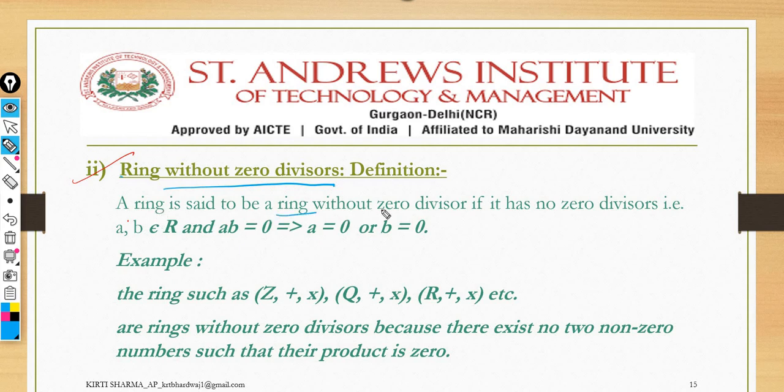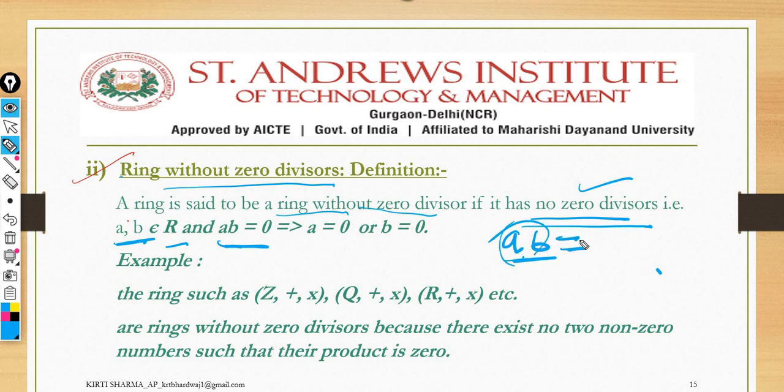So a ring is said to be a ring without zero divisors if it has no zero divisors. What does it mean exactly? Just take it simply. If A and B are elements that belong to R, and after applying the operation on AB combined you're getting the answer as 0, then it is compulsory that either A should be 0 or B should be 0.